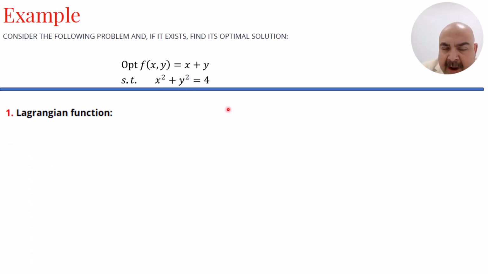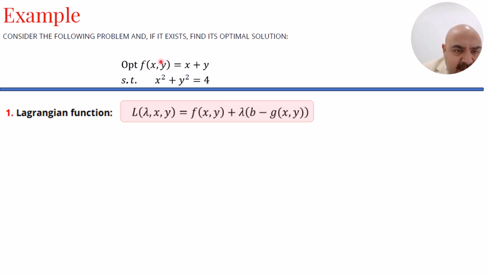All I have to do now is to form the Lagrangian function. And this is very simple. All I have to do is to get f of x, y, which is the optimality function first, plus lambda, which is the Lagrangian multiplier, times the constraint. So let's construct this step by step.